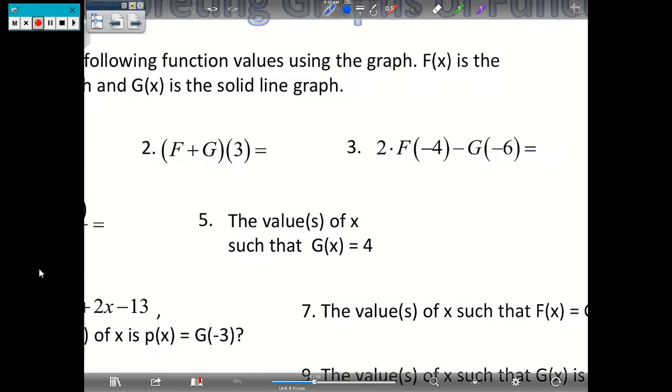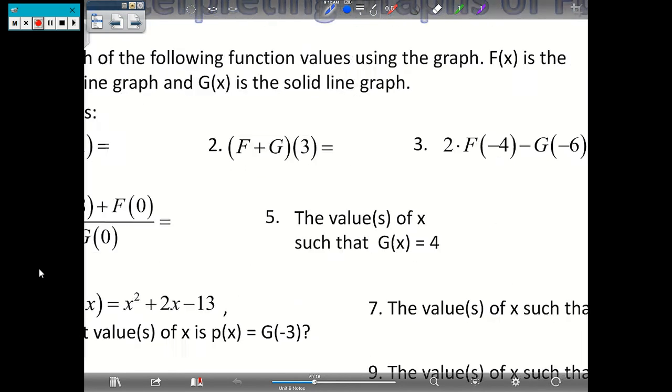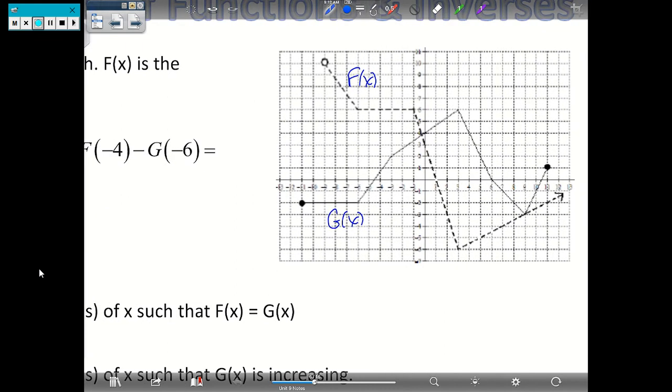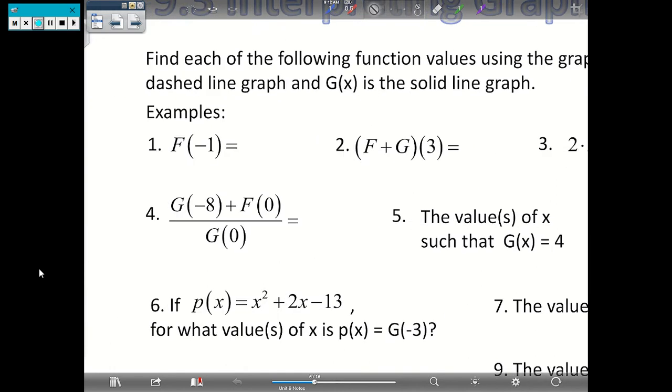The first question is, they want us to find f of -1. So we go over here, look at an x value of -1, and we want the f, so that would be right here. That would be 6. Pretty straightforward, right? We're just reading information off the graph.